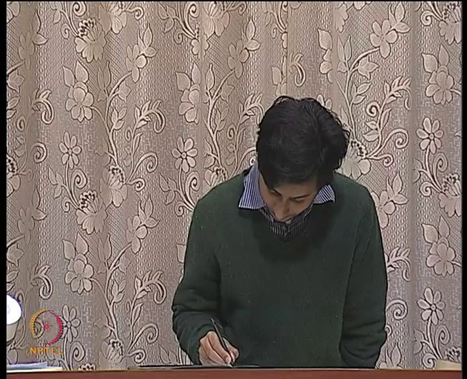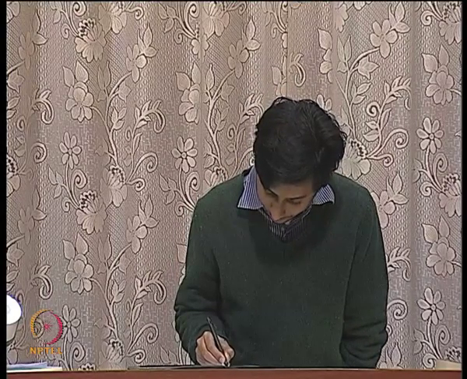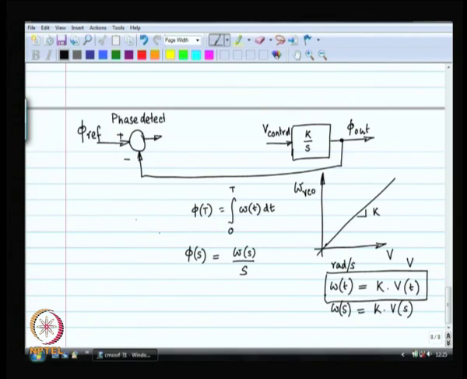So, this is called a phase detector. This is not an ordinary subtraction, right. This is no ordinary subtraction. You are comparing the phase of the reference signal with the phase of your output. This is not the voltage of the quartz crystal minus the voltage of the output.